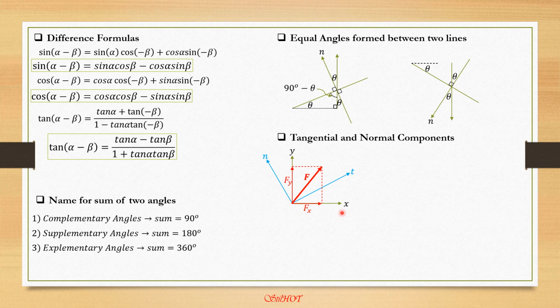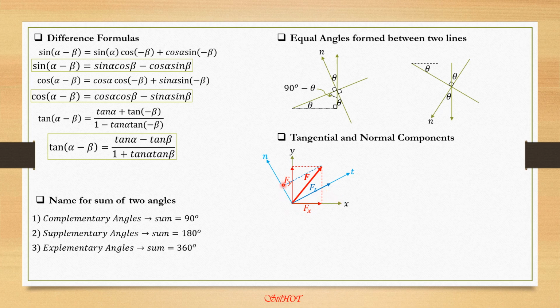In this configuration also, it's not always so, just do not memorize the formulas because you can set them up depending on the inclination of the force F and the rotation of the tangential and the normal axis. So Fx and Fy.